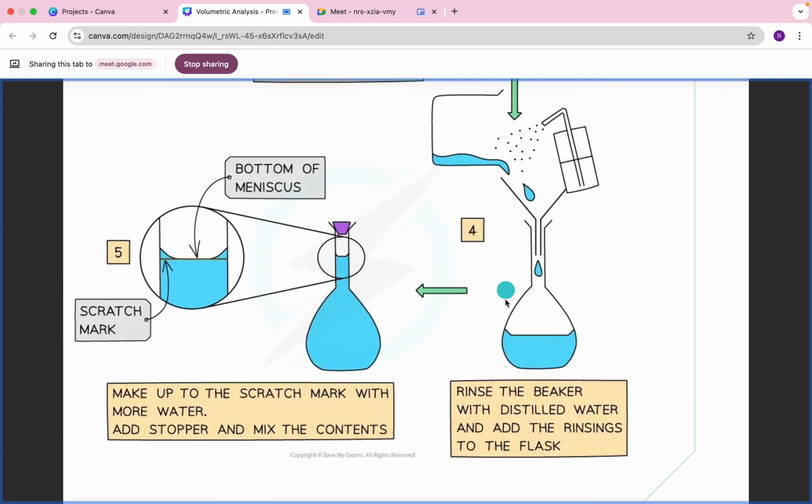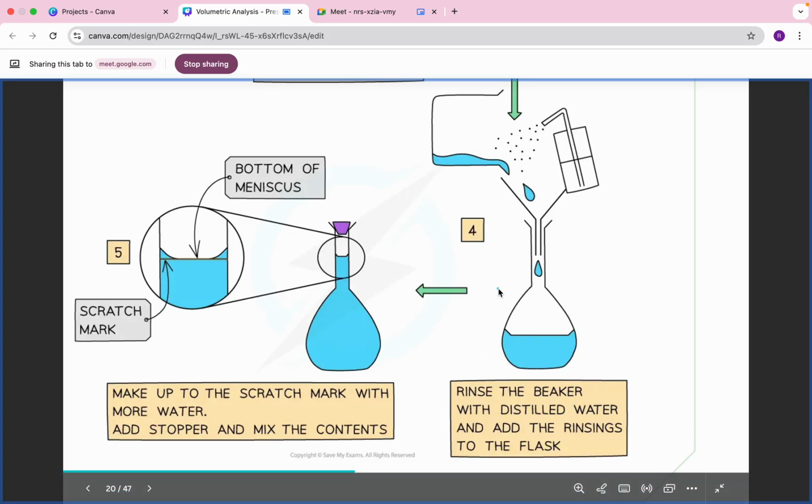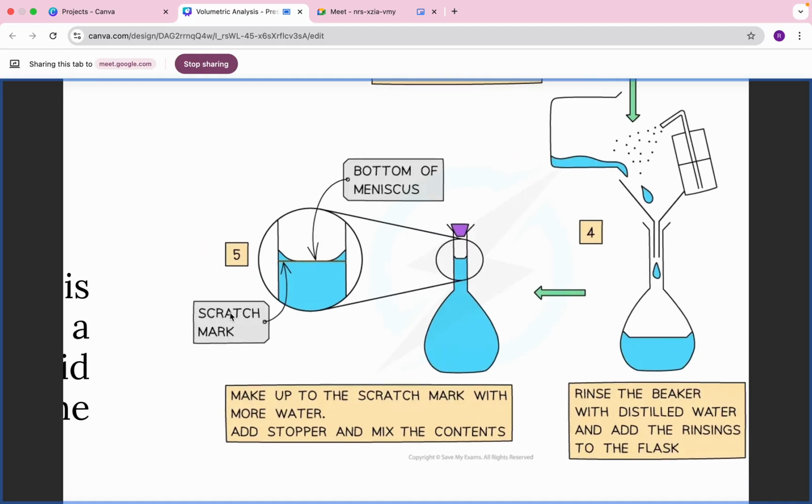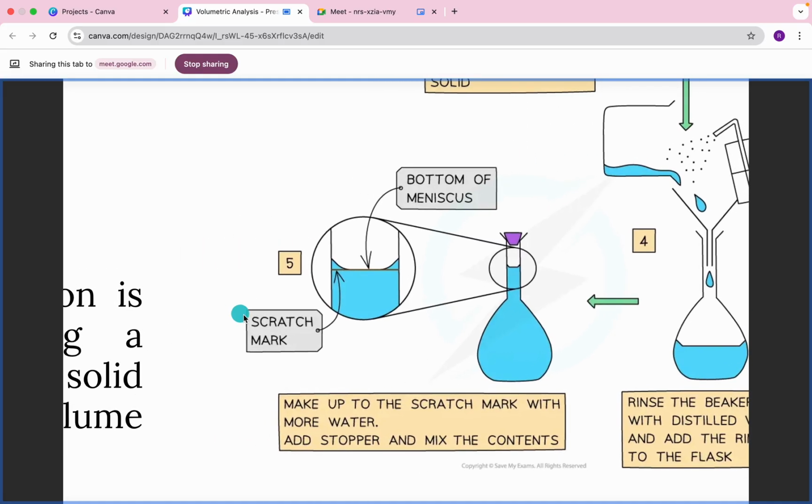But don't worry, you will be able to know the concentration of this after you standardize it with a primary standard. And recall, how do you check the volume of your solution when you're preparing it in the volumetric flask?